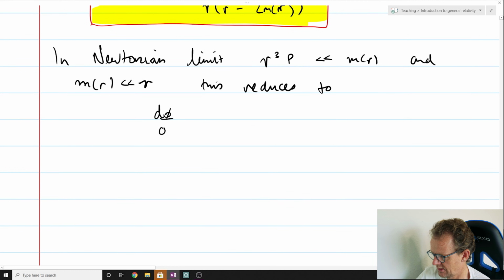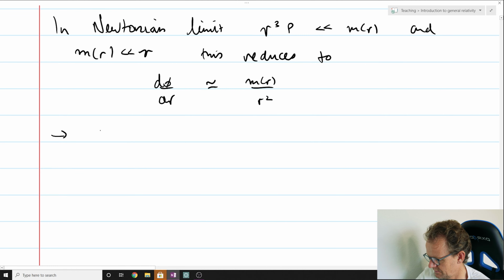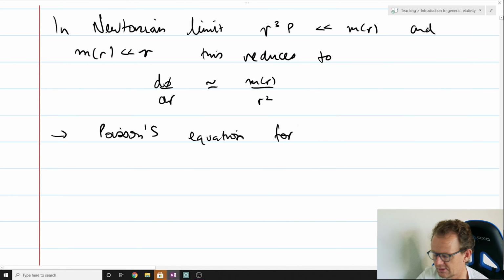So this equation for phi reduces to one that should be familiar from Newtonian theory, namely, it's essentially just Poisson's equation for the gravitational potential. So we already knew that from our perturbation approach to linearized gravity, and now we've learnt it in the context of the Schwarzschild solution.